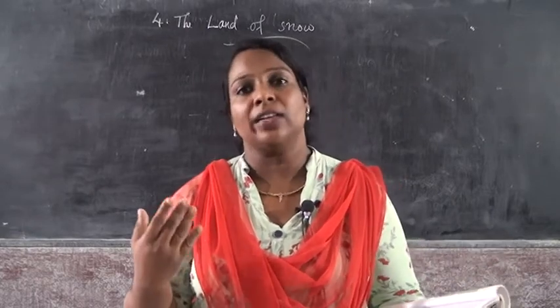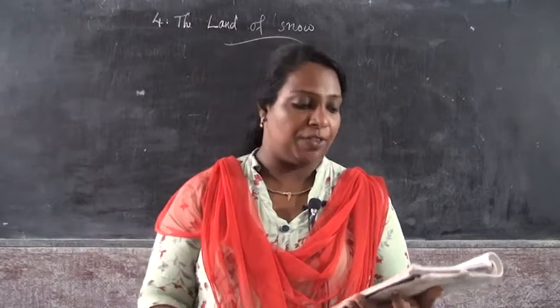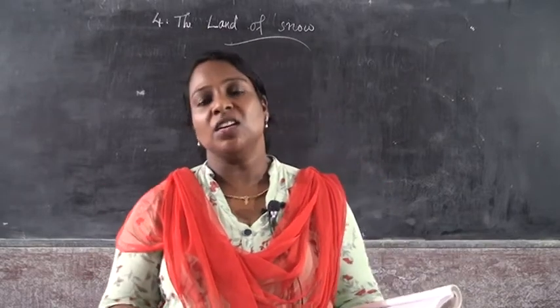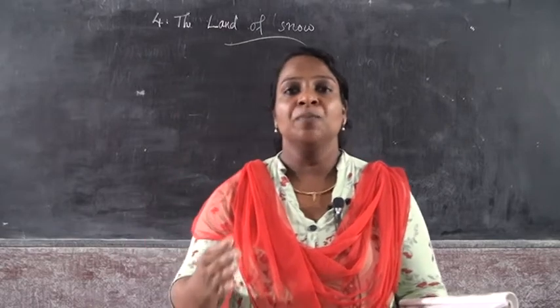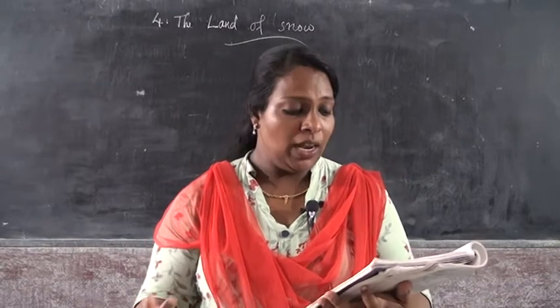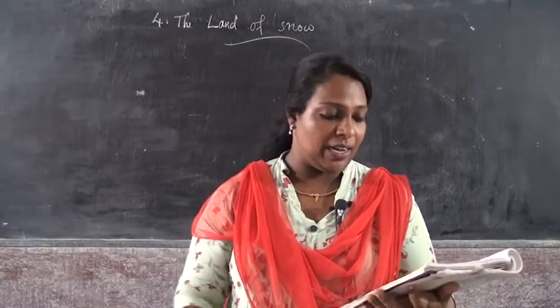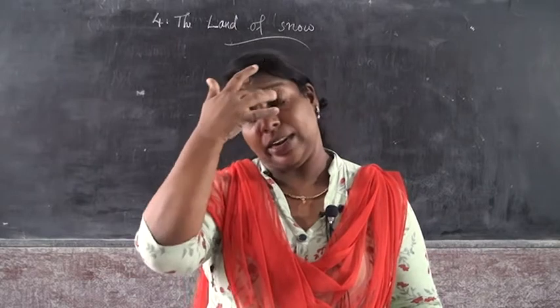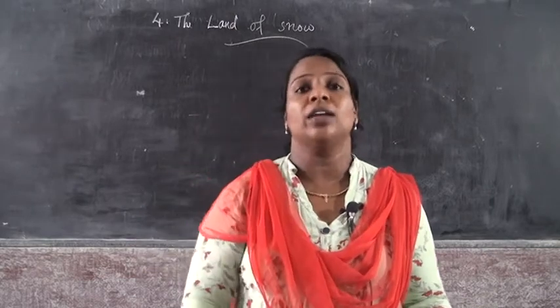Extremely cold and chilly winds also blow there, and the summer season is short and cool. The weather is bright and sunny, especially in the coastal areas. These are the 5 points about climate.